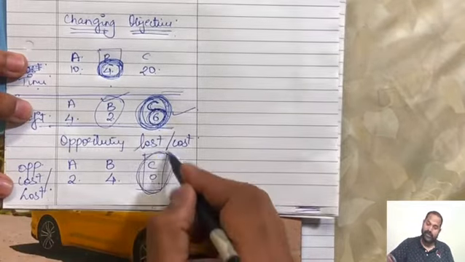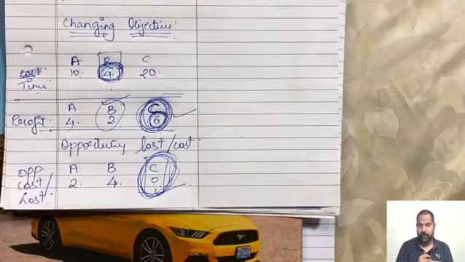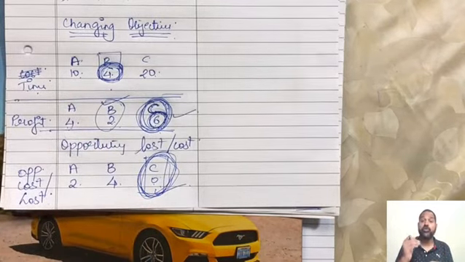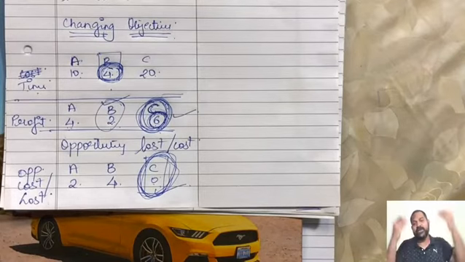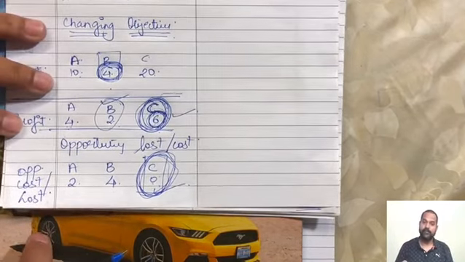According to me also 0, which is C, is the answer. So what I do is I change a profit table to an opportunity lost table, and lesser the opportunity cost, more the profit. जितनी कम opportunities lose करोगे उतना ज़्यादा profit मिलेगा.